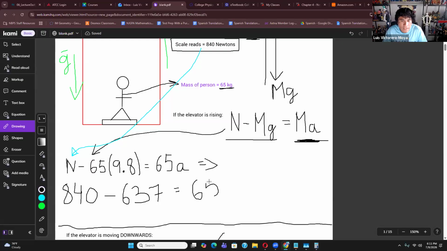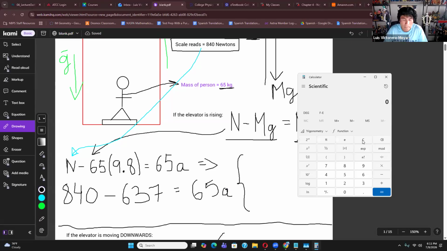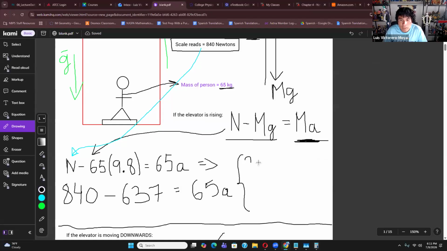So we can find the acceleration of the elevator. That minus that is 203, so 203 newtons is 65a.